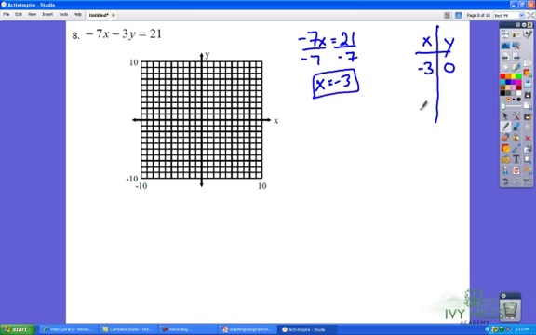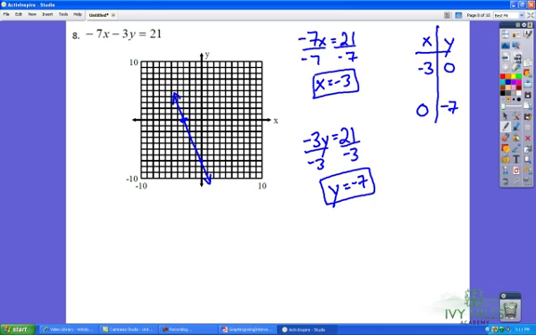Making x 0, I'll have negative 3y equals 21, and if I divide both sides by negative 3, that would give me a y value of negative 7. So we will have negative 3, 0, and then 0, negative 7, and graphing that line will look something like this.